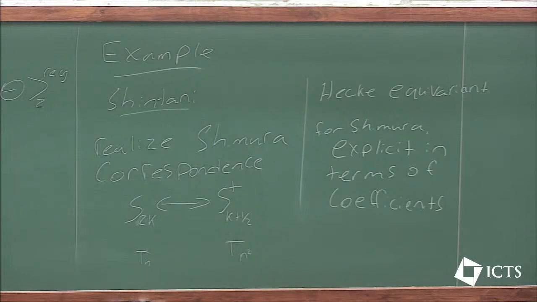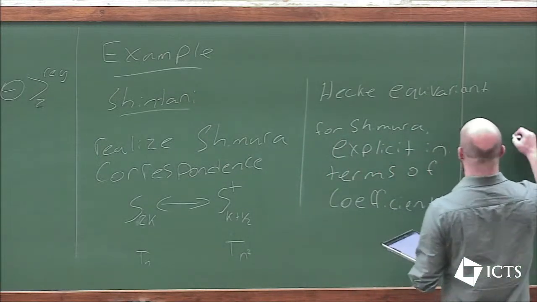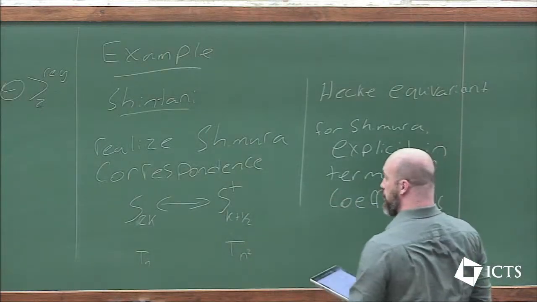So Shintani wanted to make this explicit analytically, wanted to see this as an analytic map. And so what we have here is Shintani's theta function, which is our theta kernel.